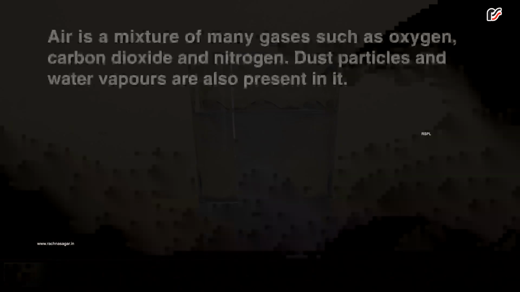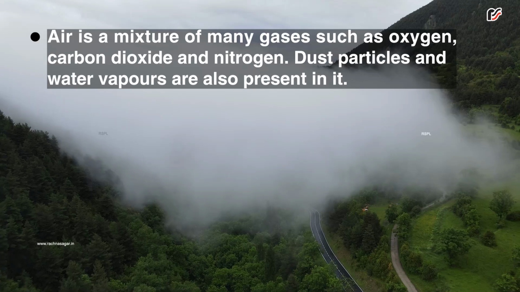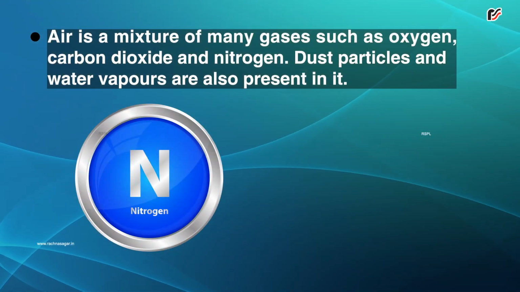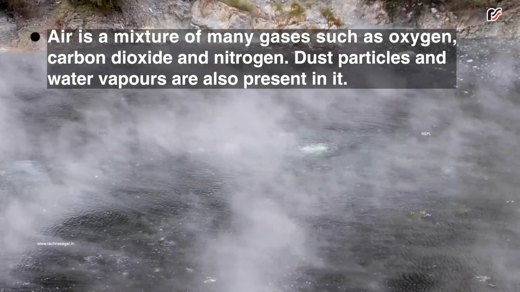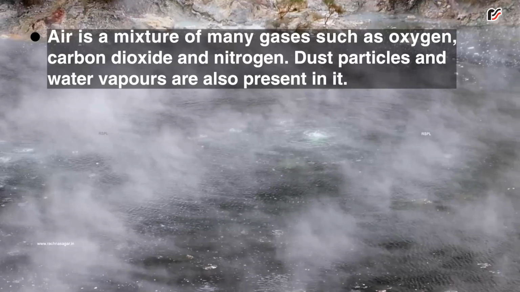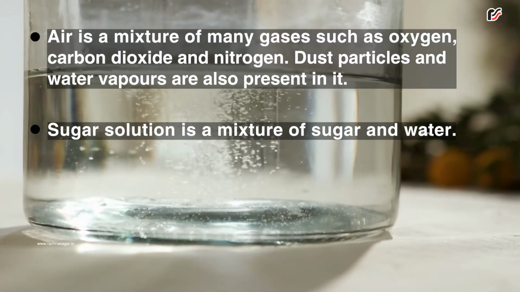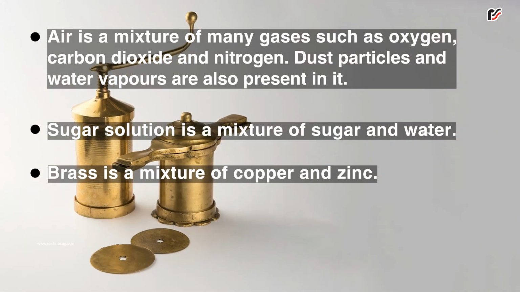For example, air is a mixture of many gases such as oxygen, carbon dioxide, and nitrogen. Dust particles and water vapors are also present in it. Sugar solution is a mixture of sugar and water. Brass is a mixture of copper and zinc.